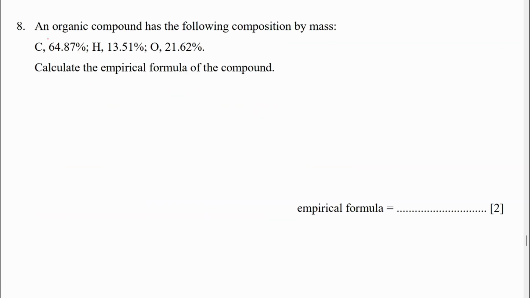Next, question 8. An organic compound has the following composition by mass: carbon 64.87%, hydrogen 13.51%, oxygen 21.62%. Now calculate the empirical formula of the compound. Okay, so we write all the information in here: carbon, hydrogen, and oxygen.